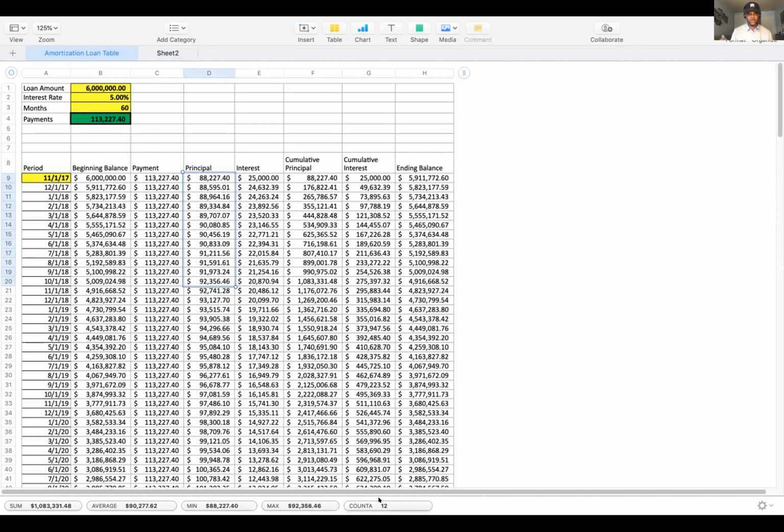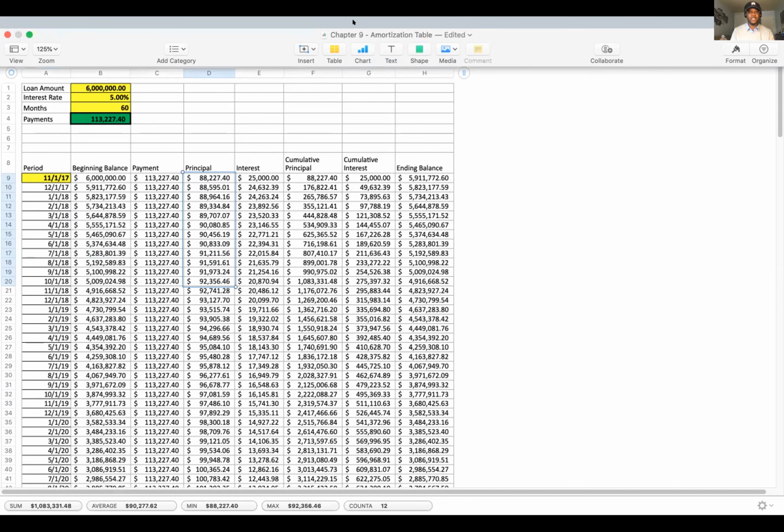And then right down here, it tells me I've got 12 things, and it tells me the amount of all 12 of those. Over the next 12 months, I owe $1,083,331.